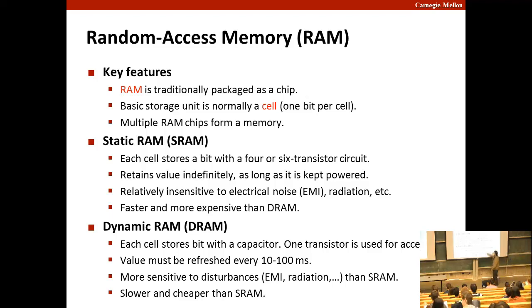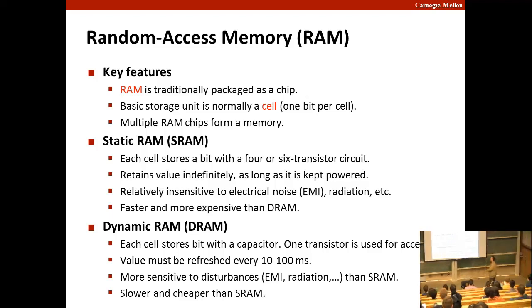DRAM needs to be refreshed every 10 to 100 milliseconds. This isn't something the processor does. It's not something you see in assembly. It's handled by the memory system. So the memory causes itself to refresh, but it's something that takes time. DRAM is great because it's relatively cheap and because it's random access. And it's relatively fast.